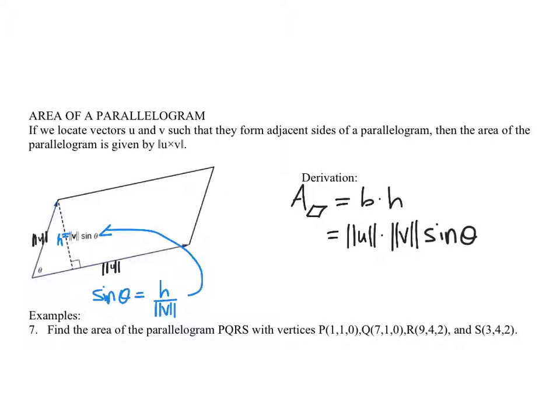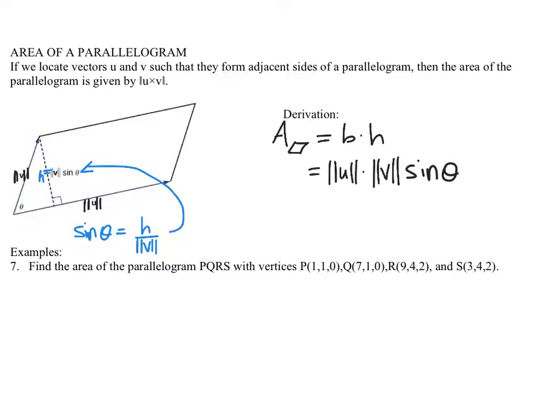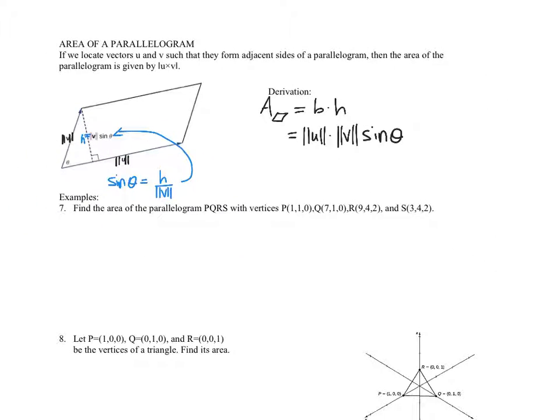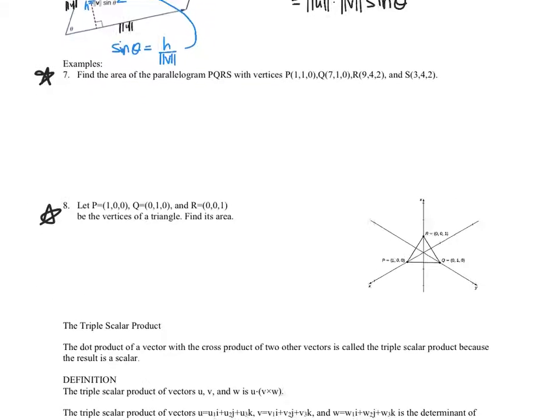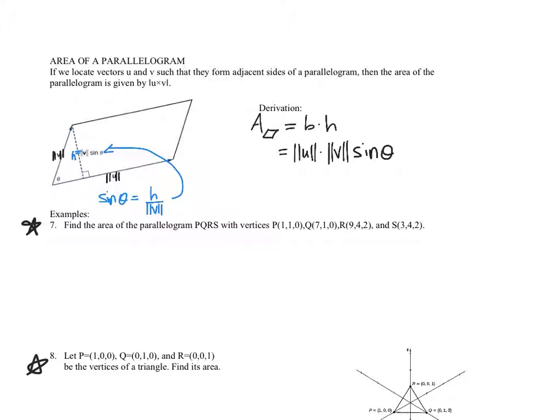In 2 space, 3 space, or 10 space, it doesn't matter. So I'm going to pop a couple of stars, and that's it. That's why I said it would take like 10 seconds. I'm going to pop stars on 7 and 8. And that's where we're going to leave it for tonight.